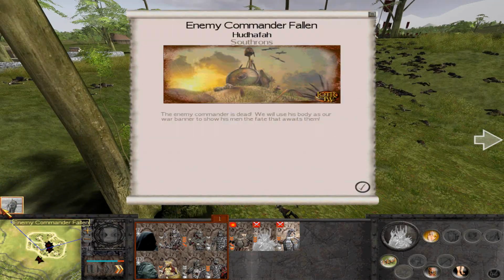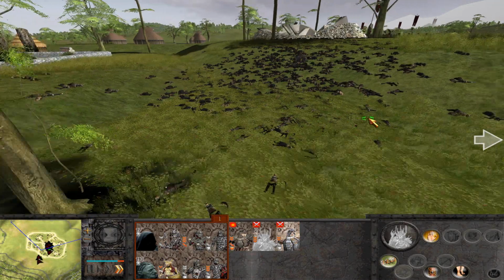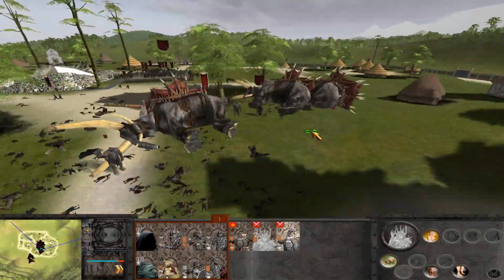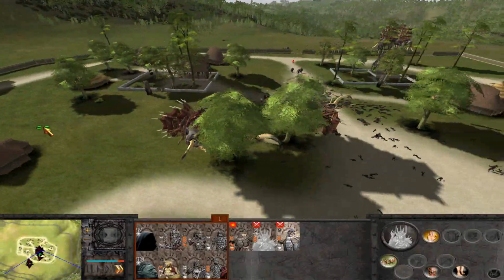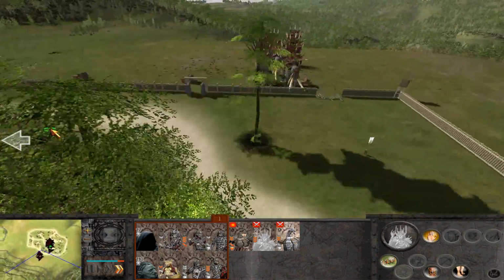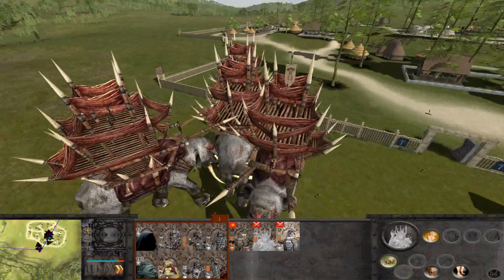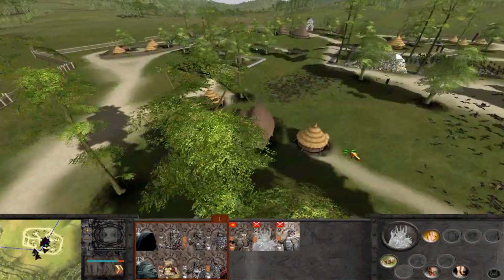The Jens died. Hood Hafen died. One of them might still be alive.